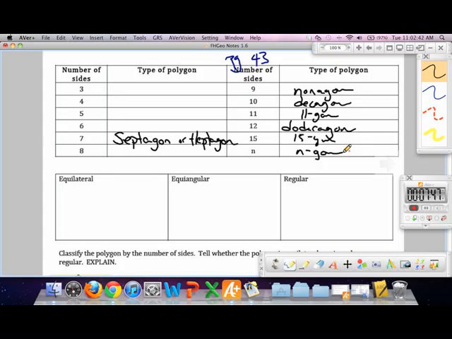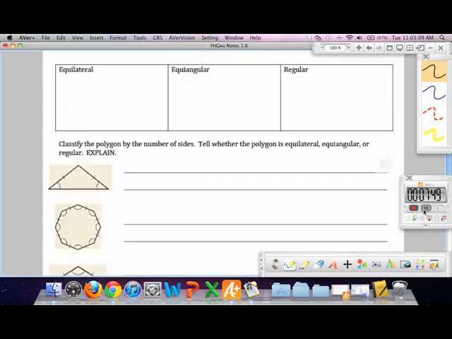An equilateral polygon, what do you think is going to be true? All sides equal in length. If it's an equilateral polygon, all sides are the same length. Equiangular: all interior angles are the same measure.